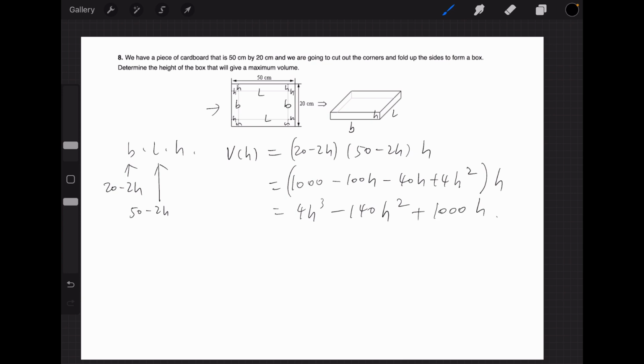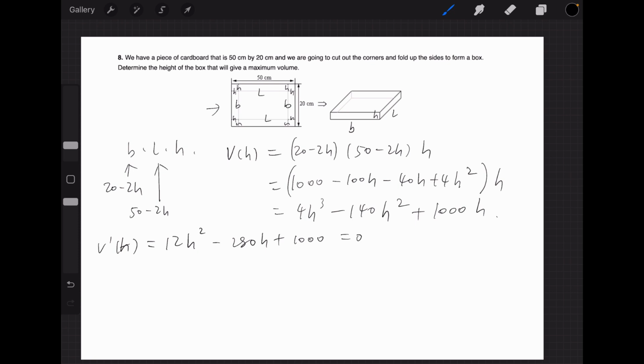The next step is to find the maximum and minimum of the function, so we use the first derivative test. We differentiate V of H, which gives us 12H squared minus 280H plus 1000.